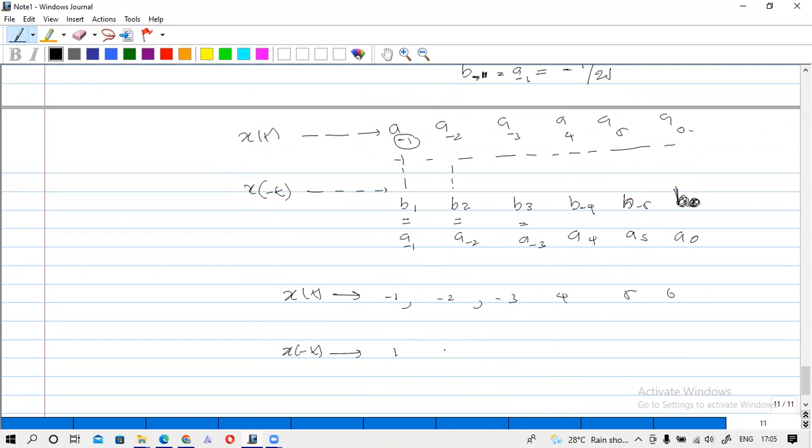We will have 1, 2, 3, minus 4, minus 5, and 0. So these are the harmonics. The harmonics are reversed, and this reversed harmonic is equal to the corresponding harmonic.